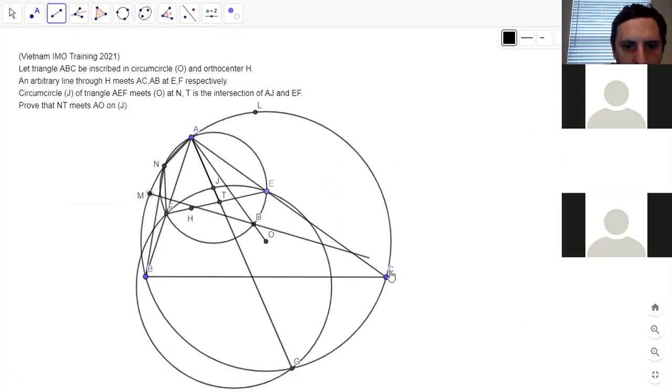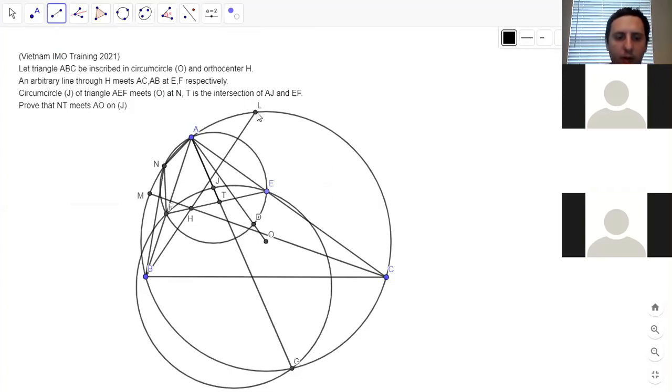So by Pascal's theorem, let's think about this. L, G, E, and L. Wait, how do we know G, E, and L and G, F, and M are collinear?